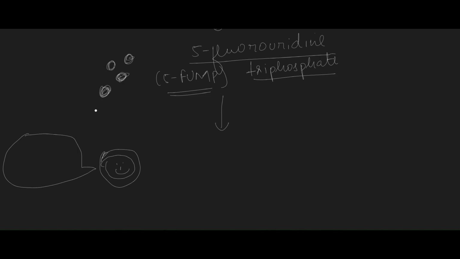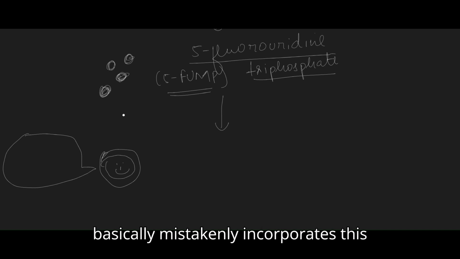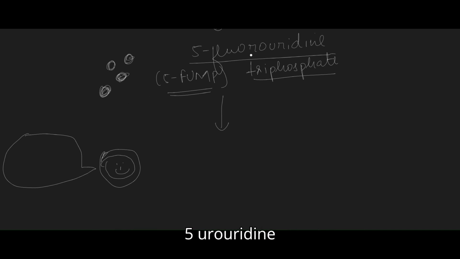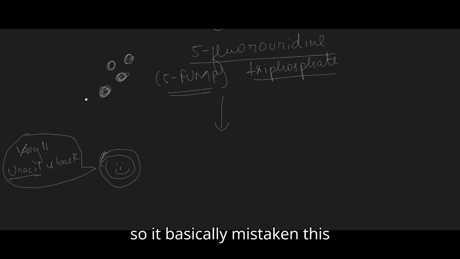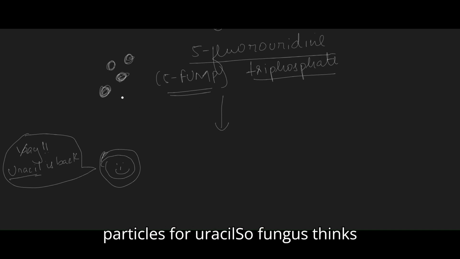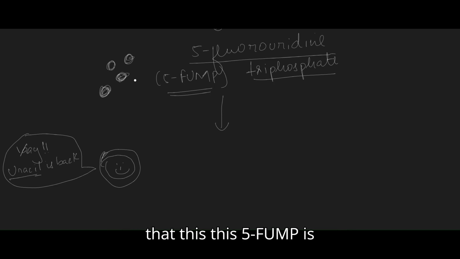This fungal cell basically mistakenly incorporates this 5-fluorouridine triphosphate into the RNA. So it thinks, yeah, uracil is back. It basically mistakes these particles for uracil. So the fungus thinks that this 5-FUMP is uracil and it takes it inside.